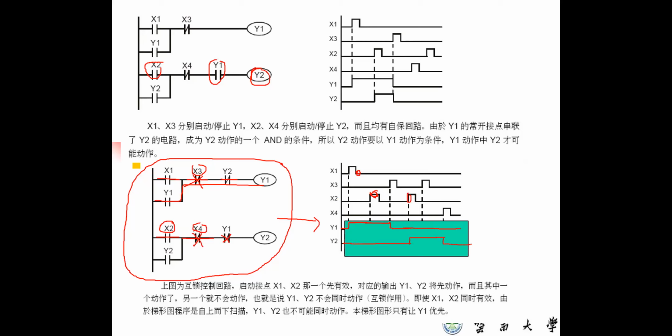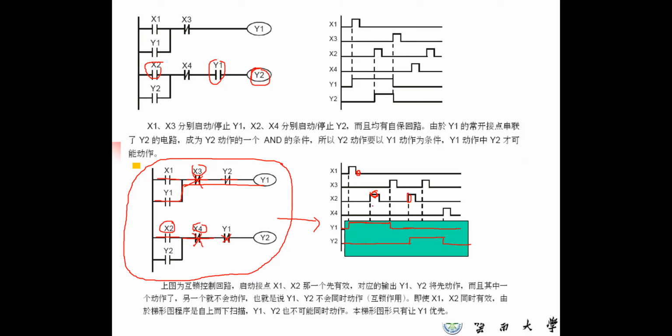Do you have some questions? No, teacher. But teacher, when x4 and x1, I mean the last one maybe 1. What?